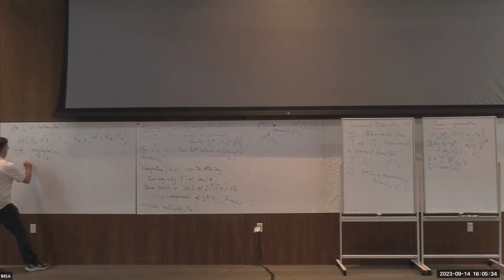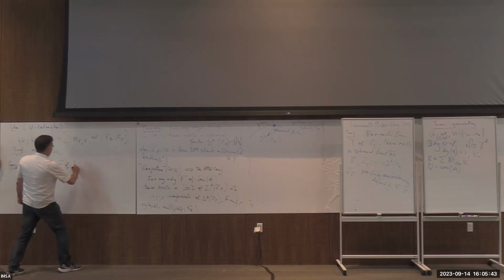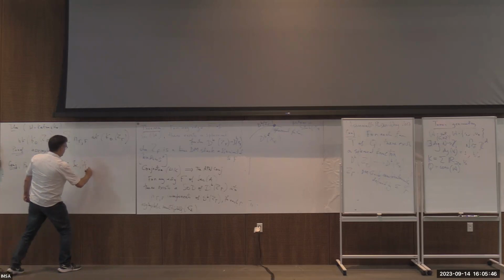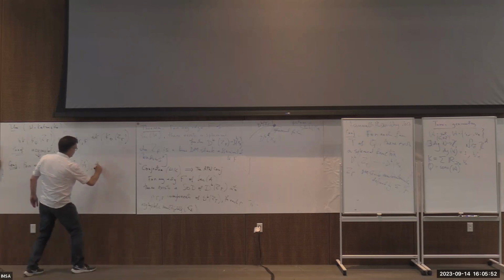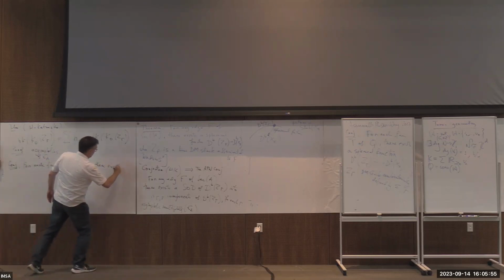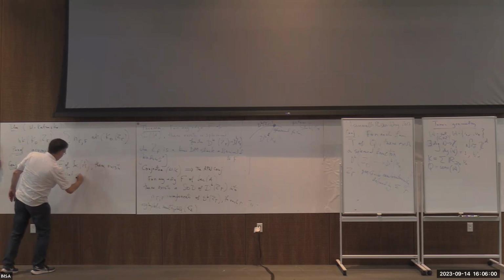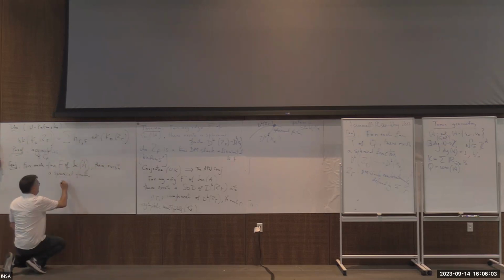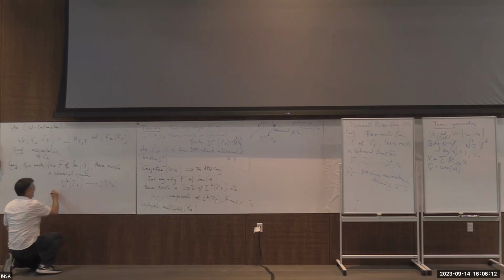So for each face F of the secondary polytope, there exists a spherical functor of the type dB of GF, where ZF again is a Deligne-Mumford stack.